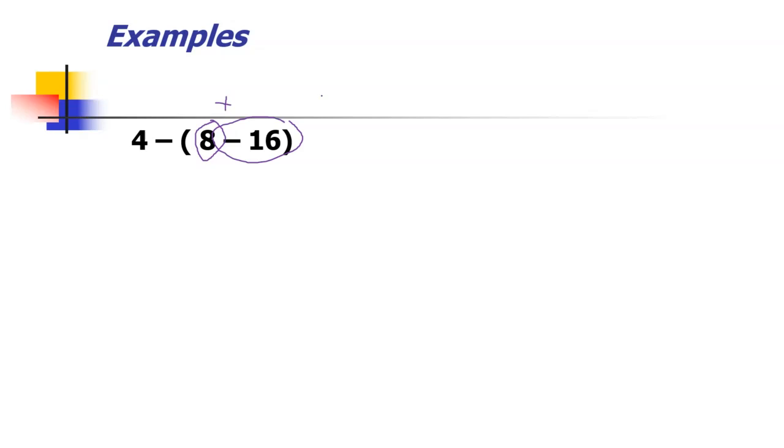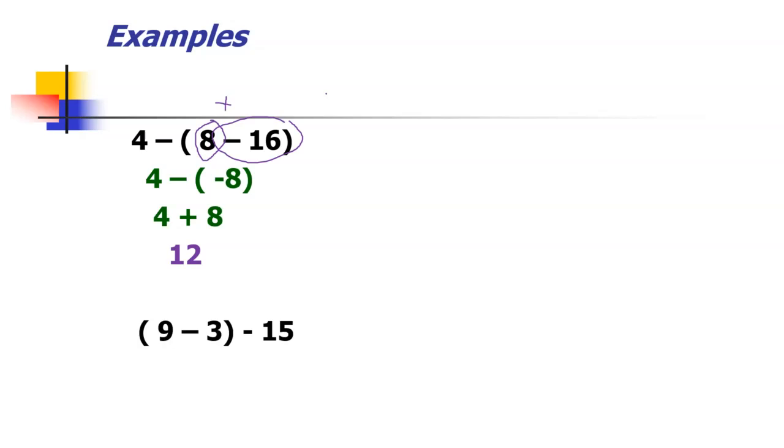The sign will be -8. So I will keep my -8 still inside the parenthesis. Now you can see the two negatives with the parenthesis, I have to switch the sign, which makes it a positive. And then 4 plus 8 simply becomes 12.